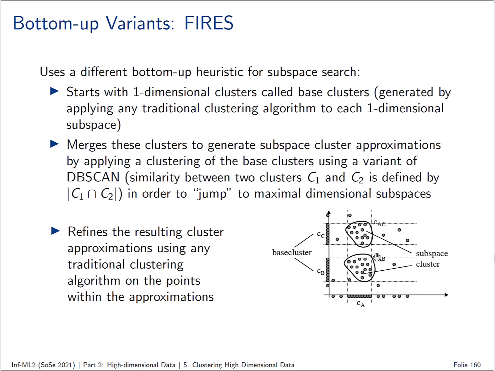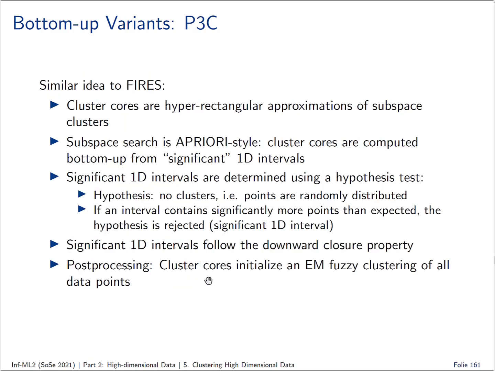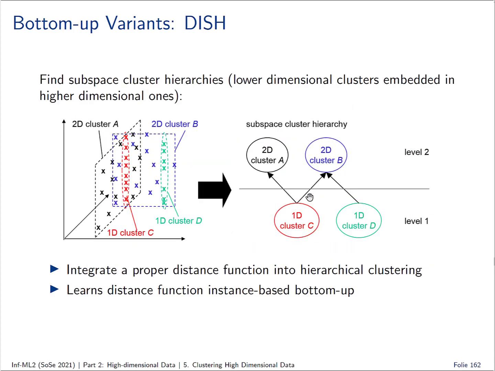So we have to have again a post-processing like in FIRES, and in this case the post-processing just uses EM Gaussian mixture model clustering with the cluster cores as initialization. So you see, you can throw any different heuristics on this problem and end up getting something.